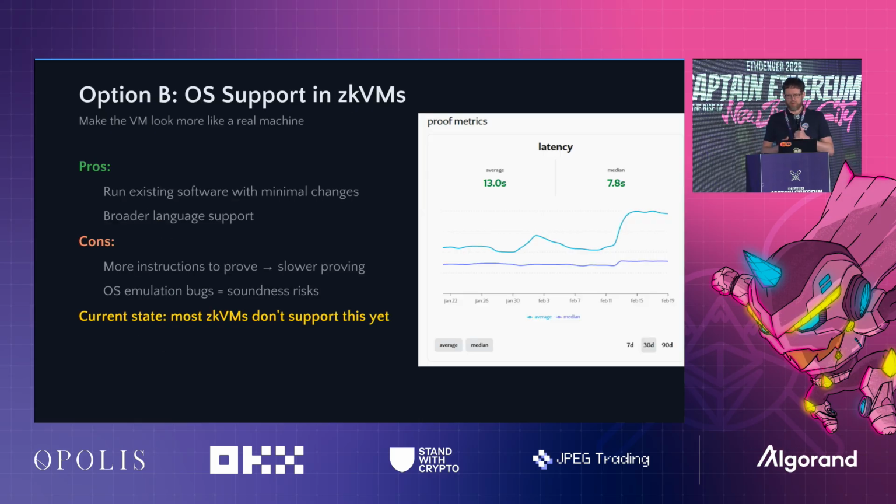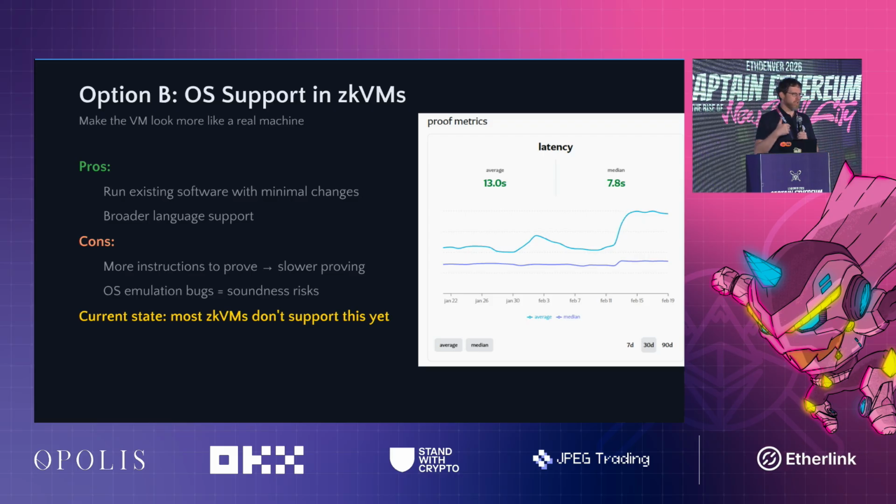The alternative is to request that zkVMs adapt and provide an interface that is kind of like an OS. Then it's pretty nice because you can just dump a binary as if it was running on Linux or macOS or Windows, and it should work.